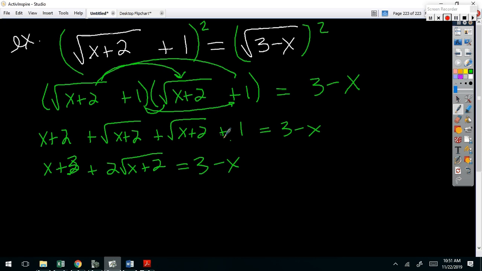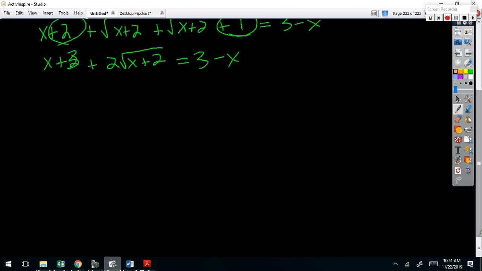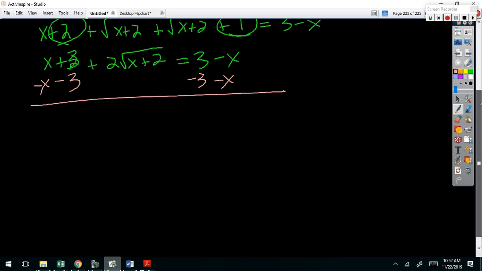2 and 1. All right. Get it isolated. If you need me to slow down, tell me. Okay. I see some erasing and some scratching. You don't understand? Okay, which part did I lose you on? The foiling?